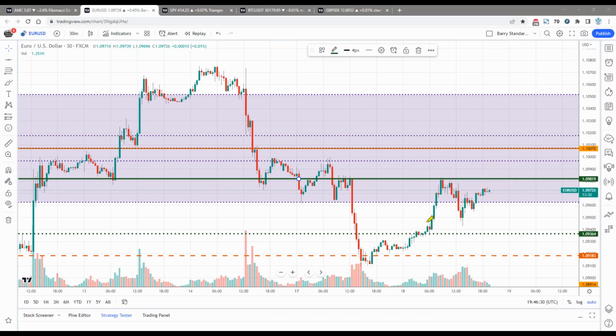Or I'm just starting to move sideways, but I'm bouncing off a support and resistance line where I could get some nice little trades in also. So until I visually see more, remember, you can only trade in this direction. So you have to be able to understand what price is telling you at the wall.